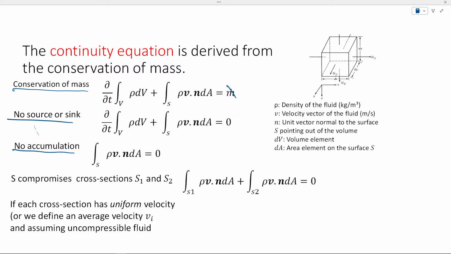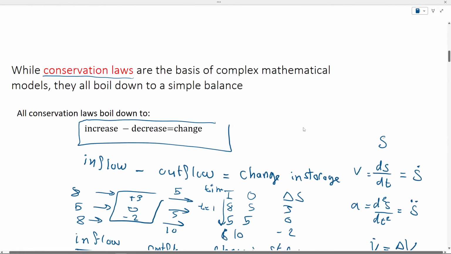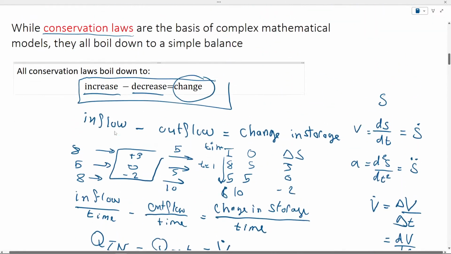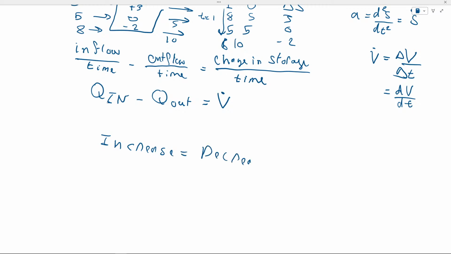If there is no accumulation, what does no accumulation mean? That what is coming in, Q in, is equal to Q out. That's no accumulation, no change. Let's go back here. If this one is equal to this one, this means that there is no change. This is called steady state: increase is equal to decrease.